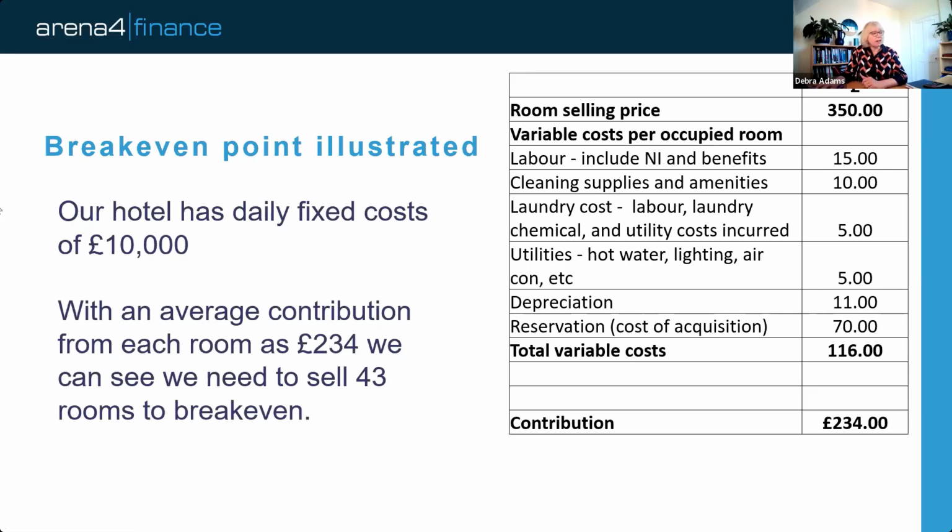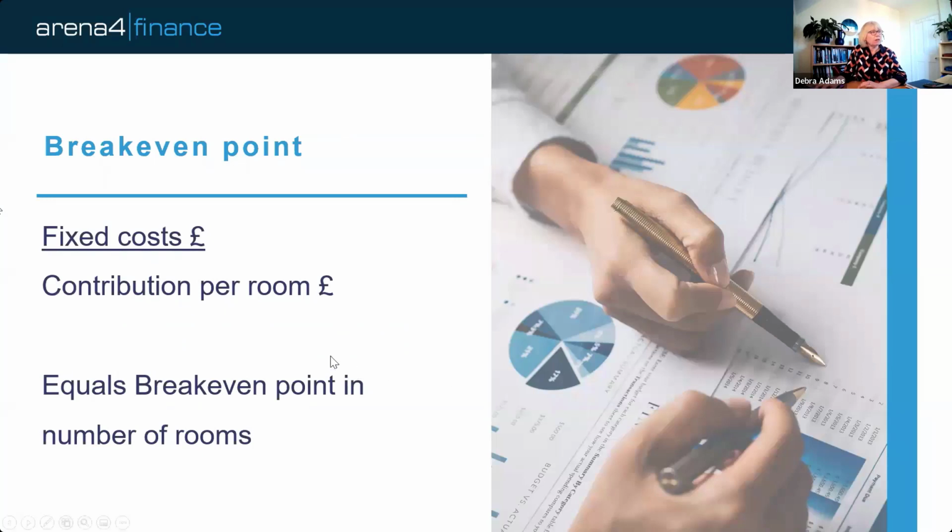And then you can convert that into your occupancy to see what break-even occupancy you need to have. So we're using the 234 that we calculated from our costings earlier. So the formula, just to remind ourselves, is the fixed costs divided by the contribution.